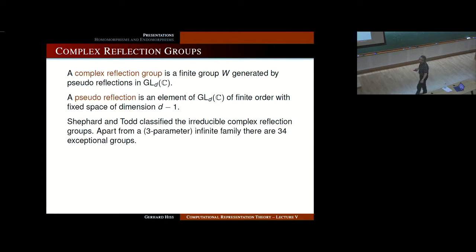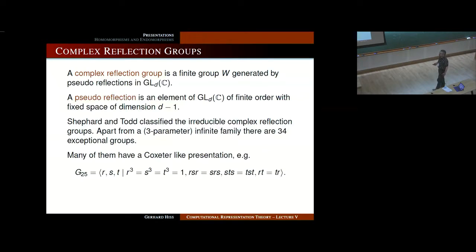And these groups have been classified, at least if they act irreducibly, exactly as the real reflection groups have been classified a long time ago. There's the Shephard-Todd classification, and there is a 3-parameter infinite family containing the symmetric groups and the Weyl groups of type B and D, and some others, and 34 exceptional groups containing the exceptional Weyl groups, or the finite reflection groups.